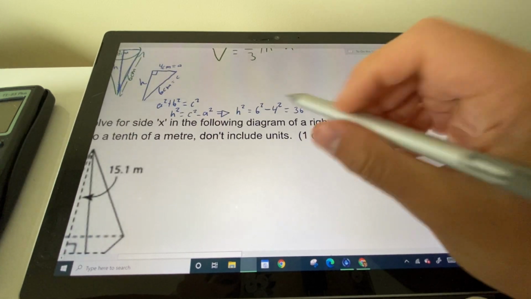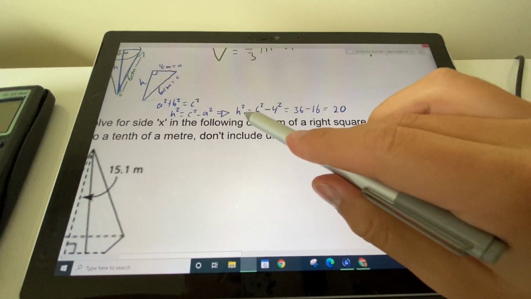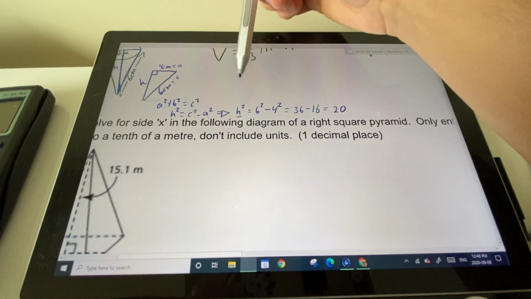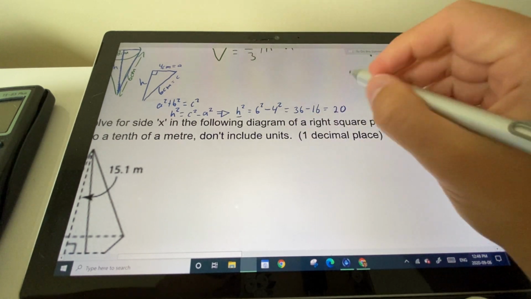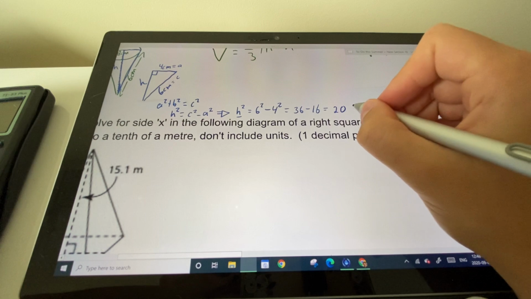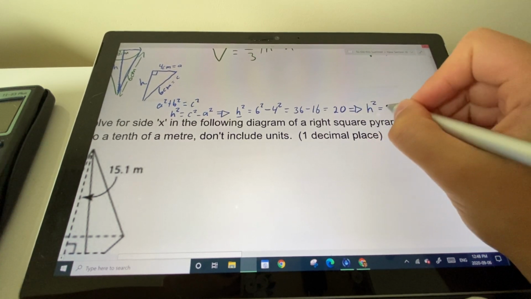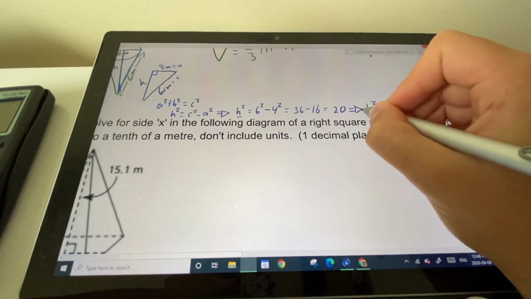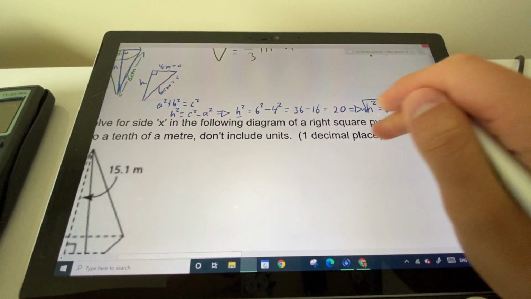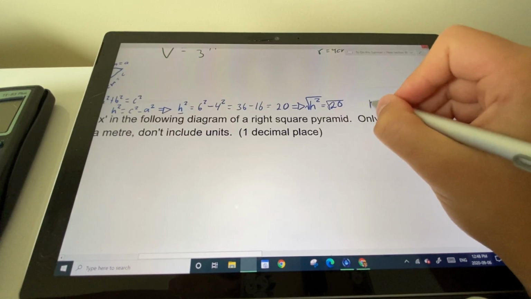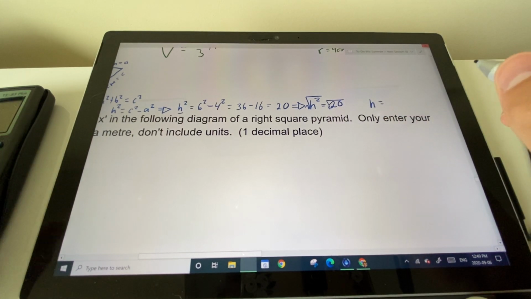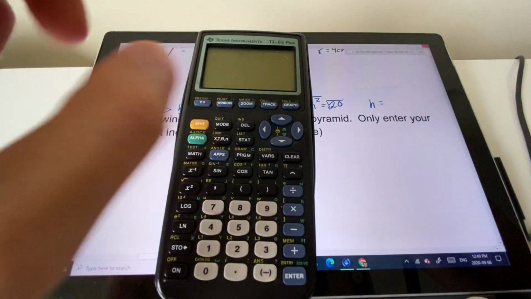Now, the big problem here is some people might automatically end it there, but remember, we just solved for h squared. So we have to square root this, because at the moment we have h squared equaling 20. To finish this off, we need to square root both sides. So h equals the square root of 20, and remember how to find that on your calculator.